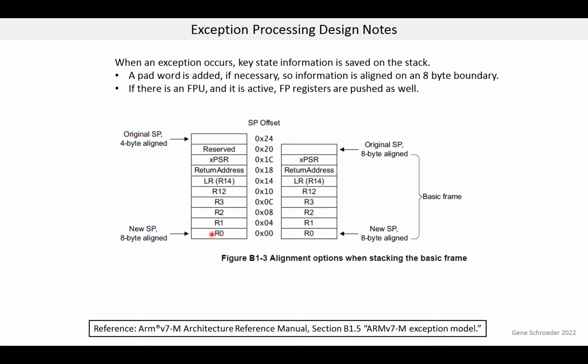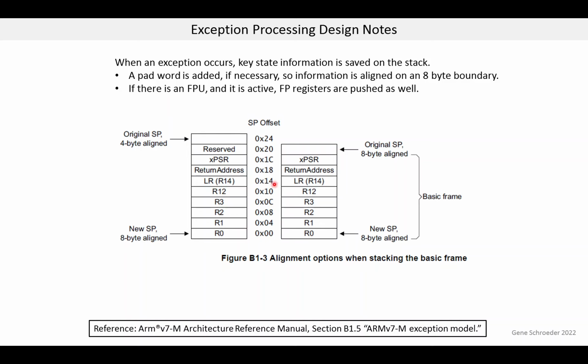So we can see what is saved. First, some general purpose registers, and then the link register, which is also R14. Then the return address of where we were executing when the exception occurred, and then a processor status register. Now, if you look in the reference manual, you'll see that if there is an FPU, floating point unit, and it's active, then the floating point registers will be pushed on the stack as well, and they'll be up here.